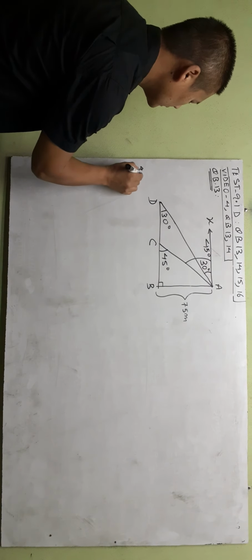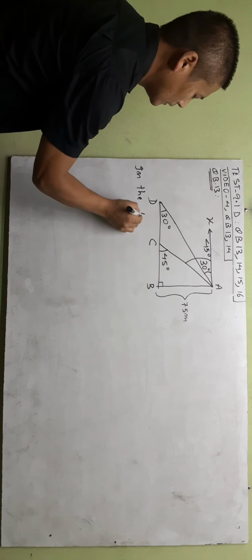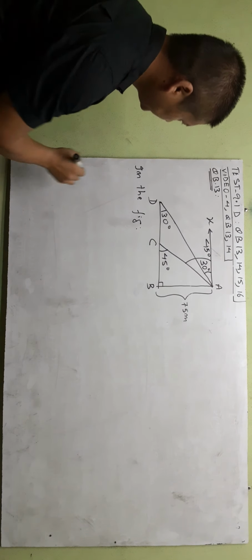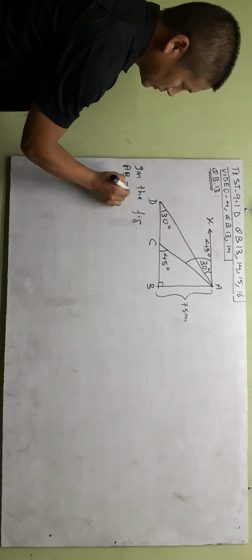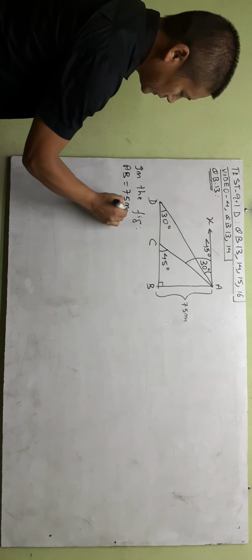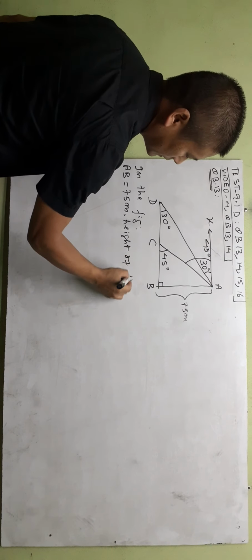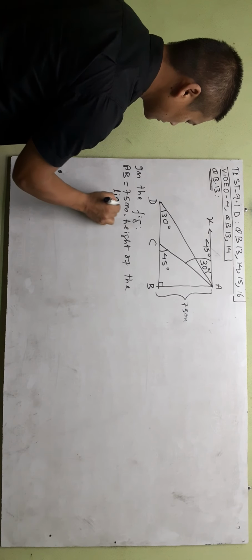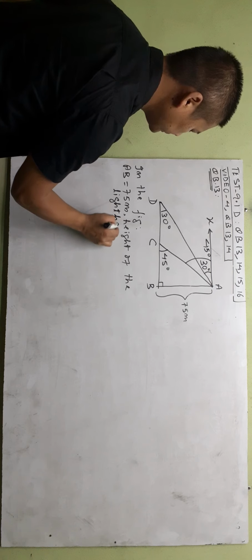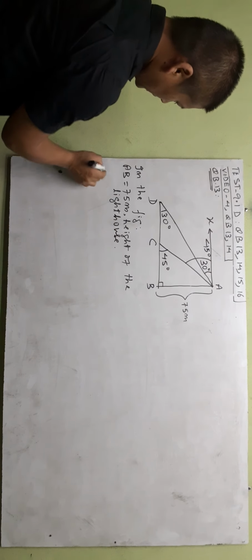Let us write down here in the figure. Okay, in the figure, AB is equal to 75 meter. This is the height of the lighthouse. Okay, height of the lighthouse. Then here's CD.